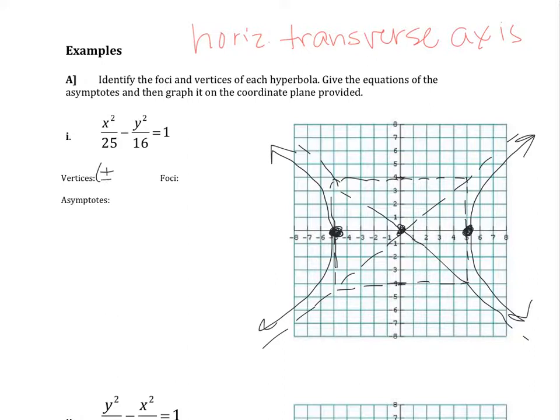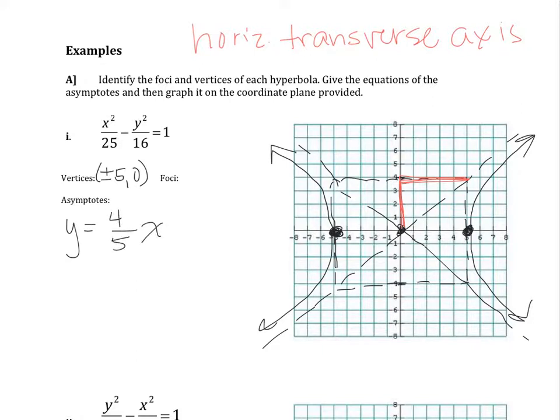So the vertices are at plus or minus 5, 0. That's two separate points, right? 5, 0 and negative 5, 0. The foci we'll get to in a minute. The asymptotes here, this is simply the equation of a line. We can see that rise over run, our slope here is up 4 over 5. So we have an asymptote at 4/5 x.